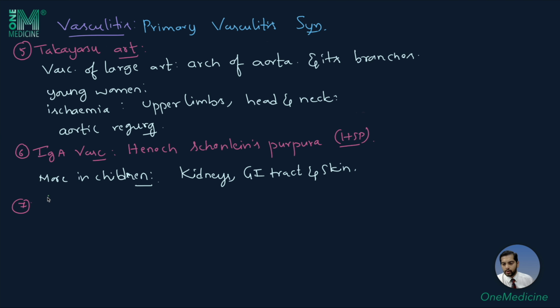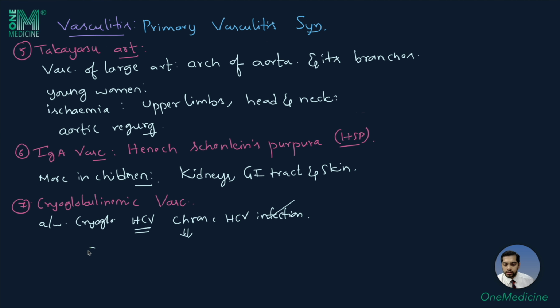The next important type is cryoglobulinemic vasculitis. As the name suggests, it is associated with cryoglobulinemia, and as HCV is associated with cryoglobulinemia, most of these cases present in patients with chronic hepatitis C virus infection.